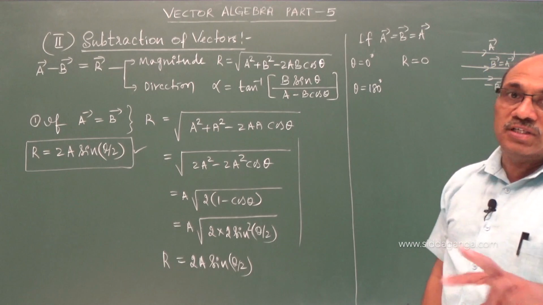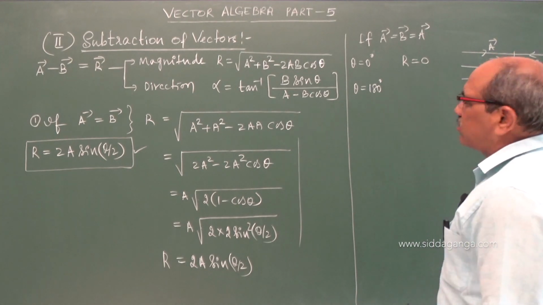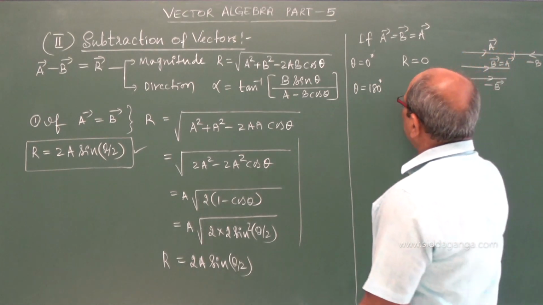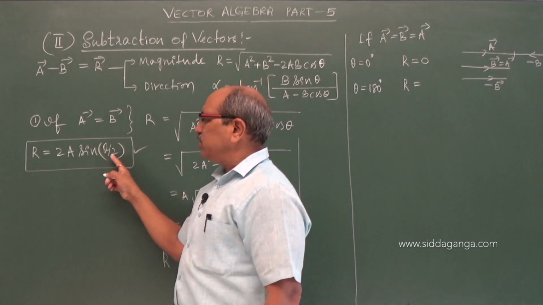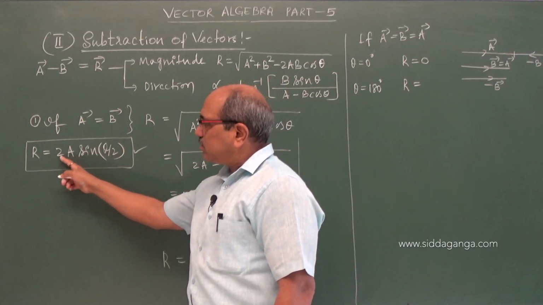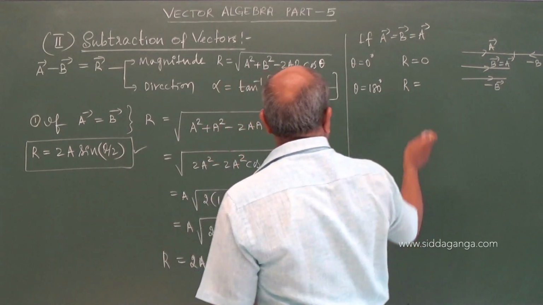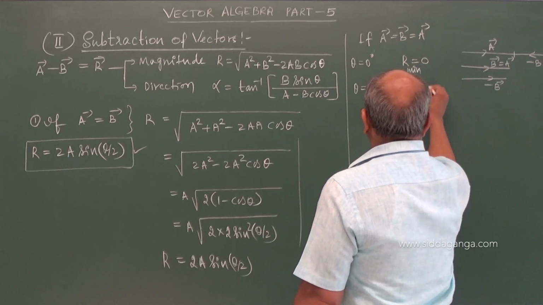For 180 degree, 180 by 2 is 90, sin 90 is 1, so the resultant is 2A. This is the maximum value, equal to 2a, whereas the other case is the minimum.